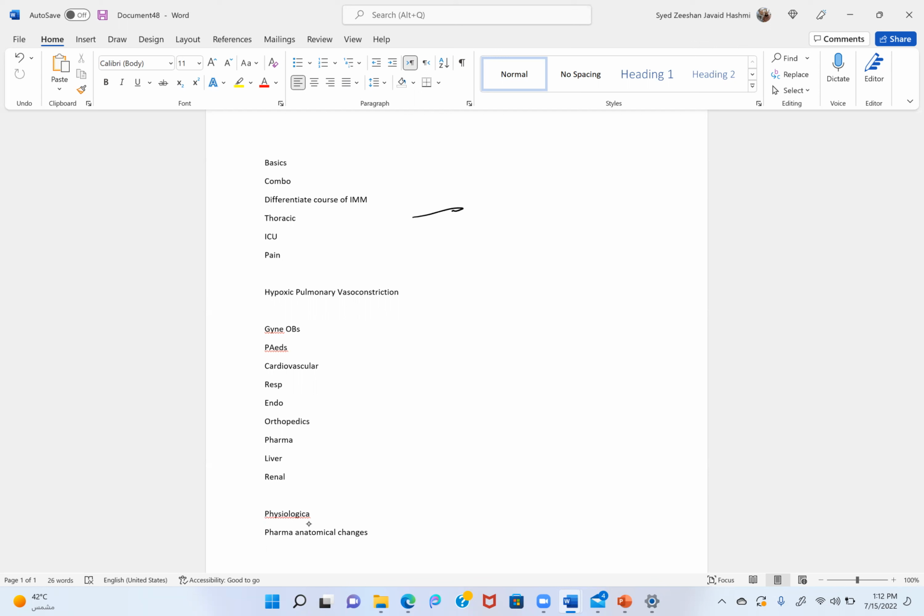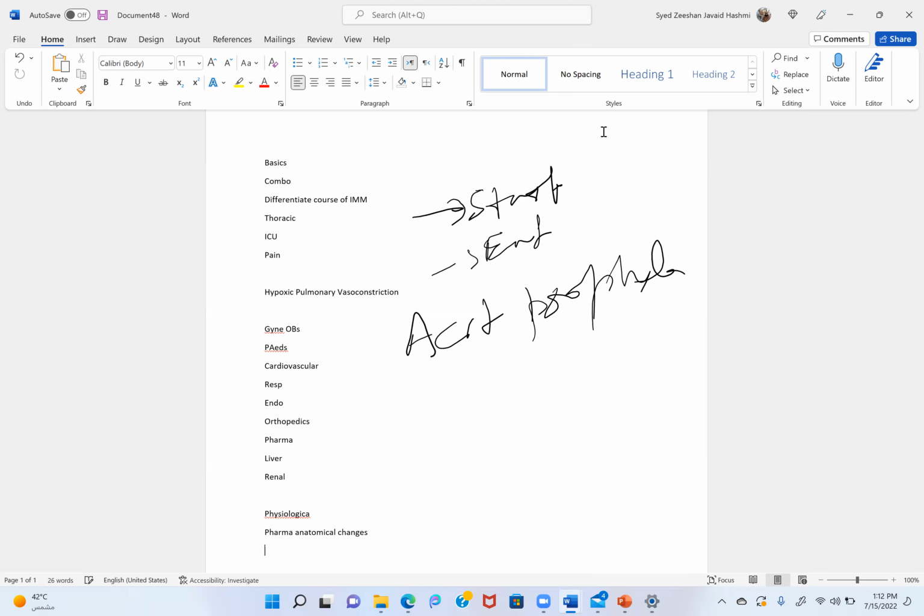So you should be knowing when these changes start and when these changes end. For example, they will be asking you related to acid prophylaxis. Zishan, if you can just recall, in which week is acid prophylaxis needed? After 14 weeks.